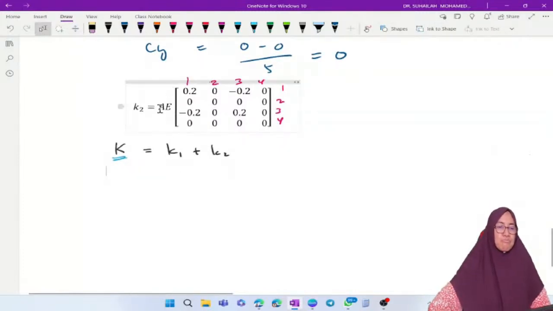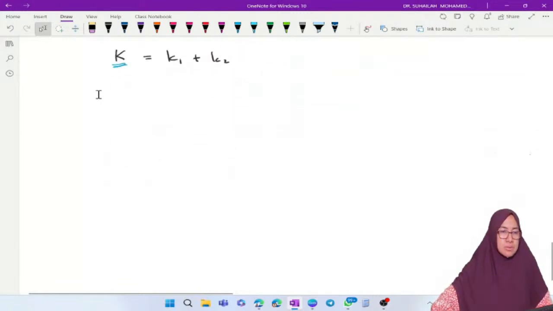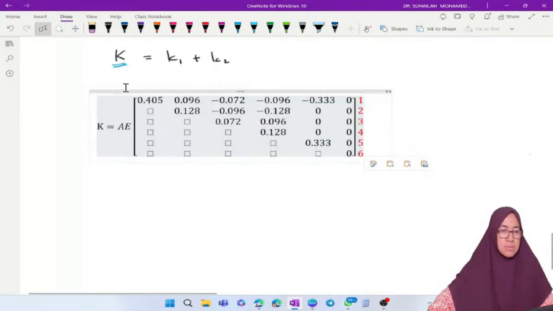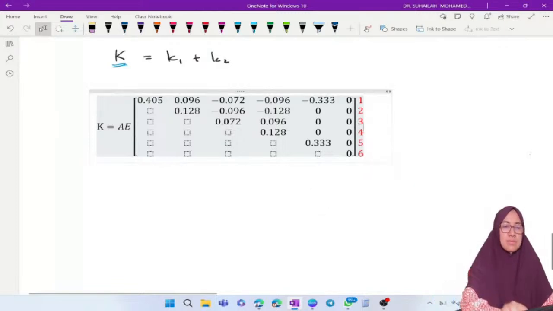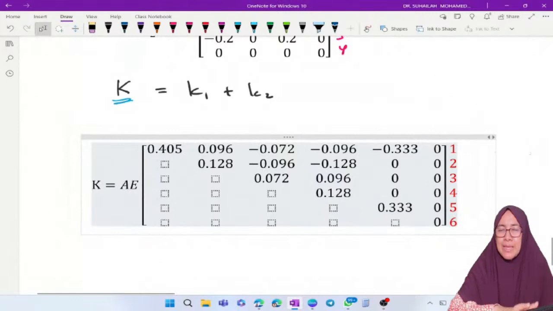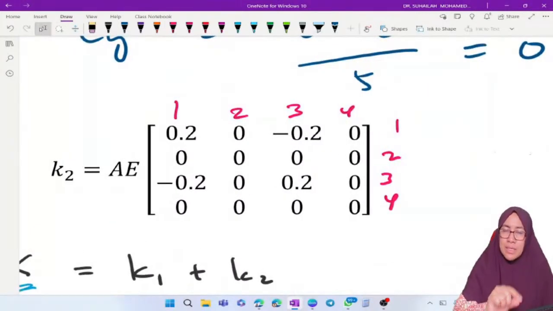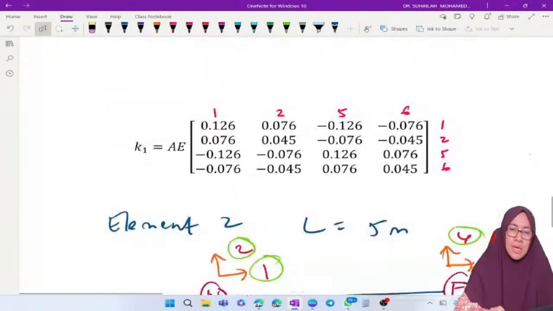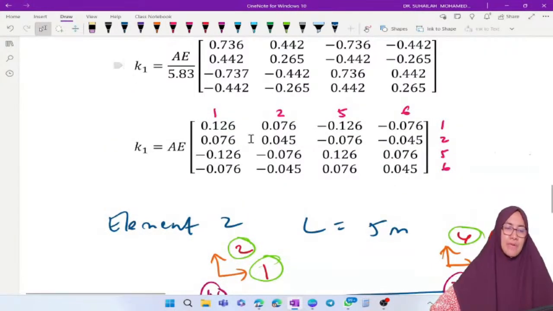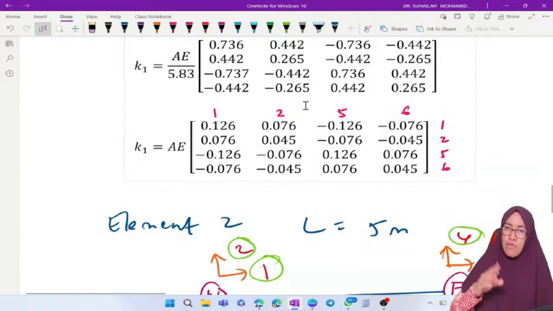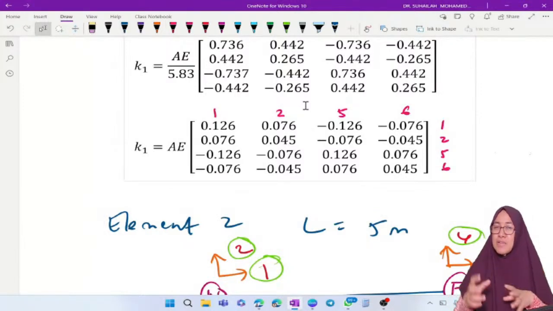Okay. So, where is it? Okay, we will replace this with the right answer based on K1 and K2. Okay, this is K2. Remember the degrees of freedom that we label in the element stiffness matrices. K2 we have 1, 2, 3, 4, and K1 we have 1, 2, 5, 6. So this 1, 2, 3, 4, 5, 6 represents the position in the structure stiffness matrix.